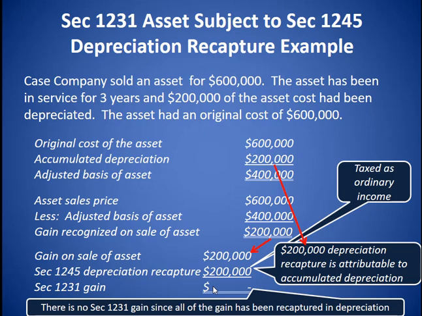So out of a $350,000 gain, we would have a $200,000 Section 1245 depreciation recapture, which will be recaptured as ordinary income. And then we would also have a $150,000 Section 1231 capital gain, which would possibly be subject to favorable tax treatment.